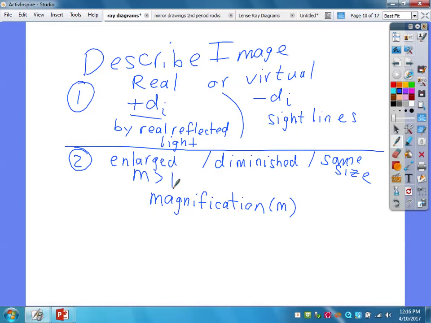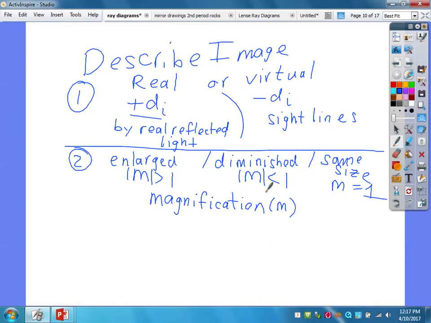So if it's greater than 1, it means it's larger. If the magnification is less than 1, that means it's smaller. And if the magnification equals 1, that means it does not change size. The image and the object are the same height. Now I need to go back. There's one thing you need to do. This is the absolute value of the magnification, because we're going to see in a moment we can get a positive and negative magnification, but we have to ignore that sign.